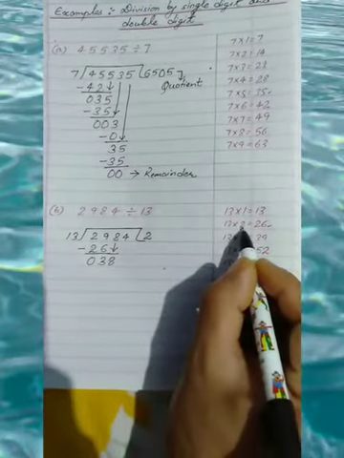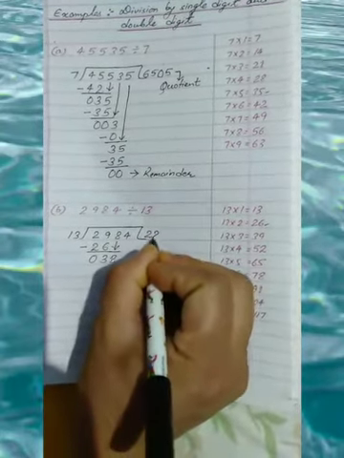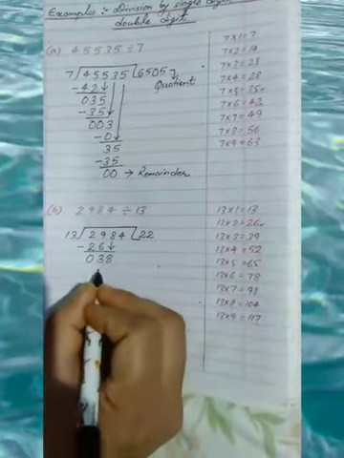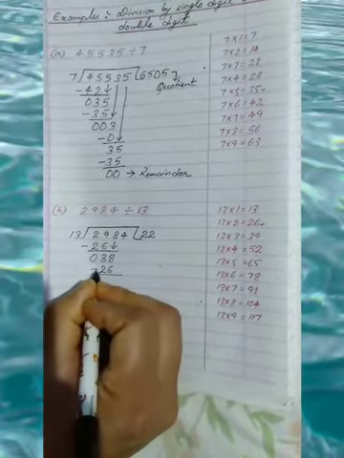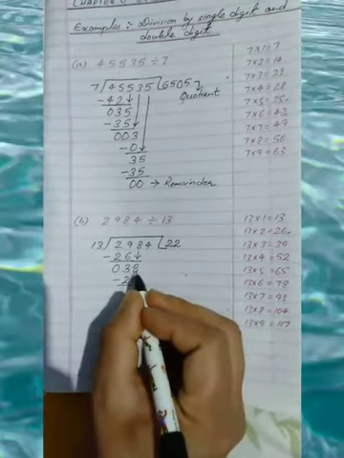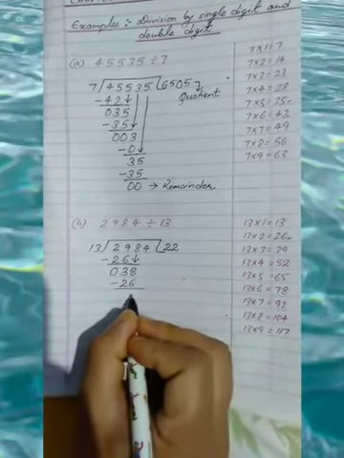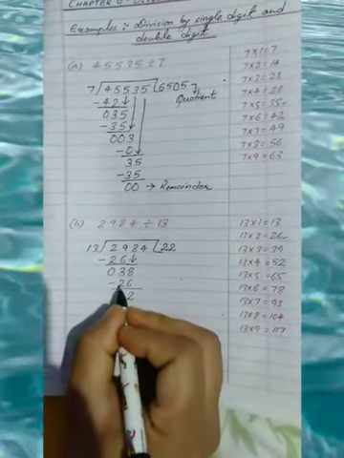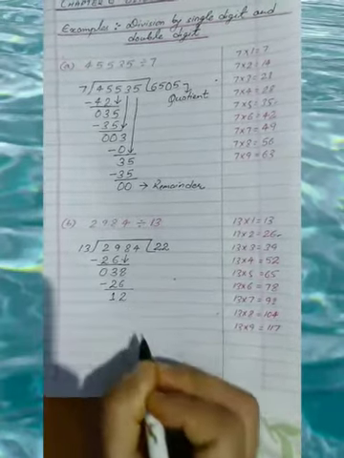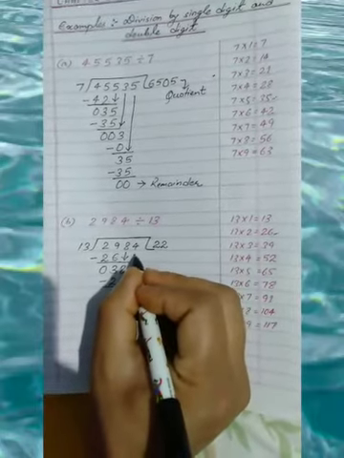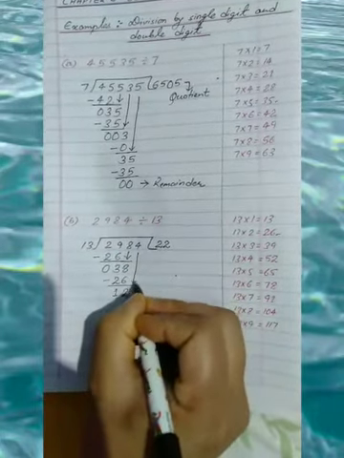That means again 2 times. So 13 2s are 26. Let's draw a line, put a subtraction sign and subtract. 8 minus 6 will give you 2. 3 minus 2 will give you 1. Now let's bring down this last number 4 here.